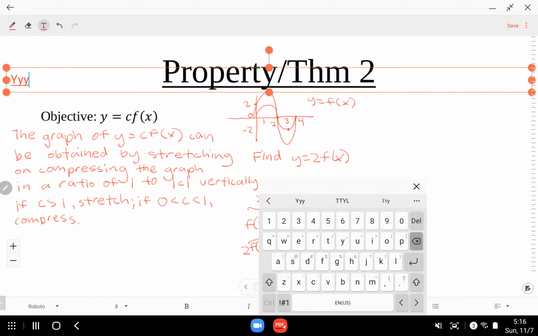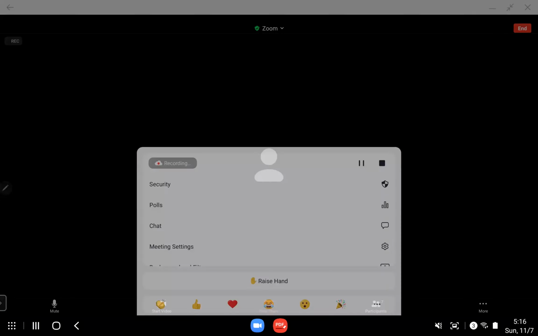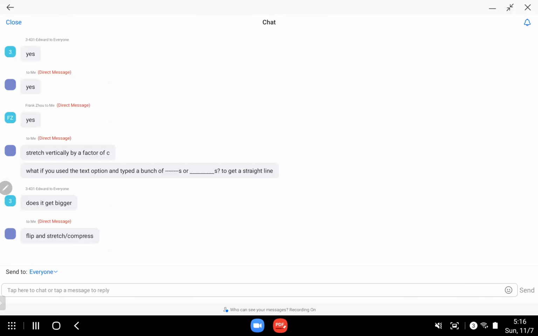Wait, no, not that one. This is so good. Oh, wow. Nice. I'll keep that for future reference. That's very smart. Never thought of that. I didn't even know there was a text option until now.